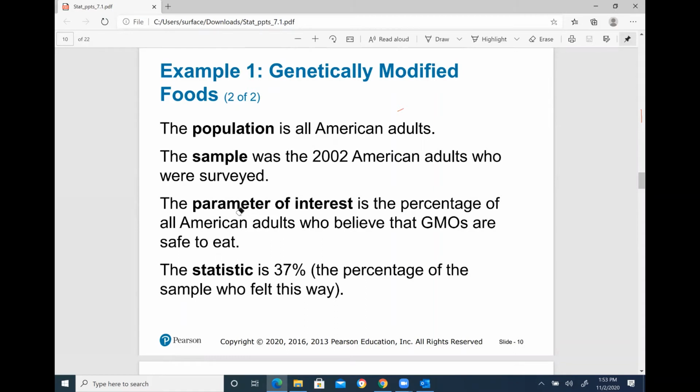The 2002 American adults who got the survey, we call that the sample. In those people who got the survey, about 37% answered that they believe GMO is safe to eat. So that is called the statistic. The parameter of interest is the percentage of American adults who believe that GMO is safe to eat.